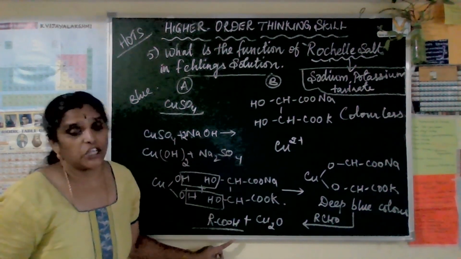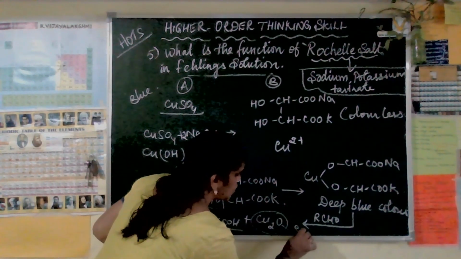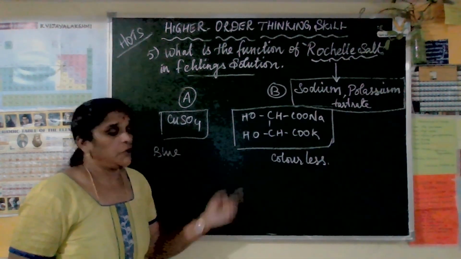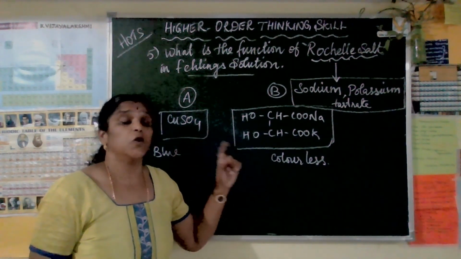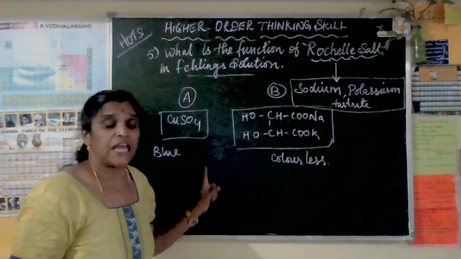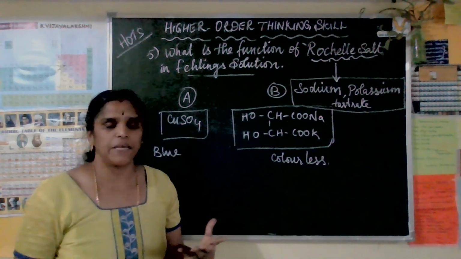Acid formation you will get, and you will get a red precipitate. Now the product you are getting is deep blue color, and which is imparting that color? Fehling solution A. Due to Fehling solution A only, that salt has become deep blue.